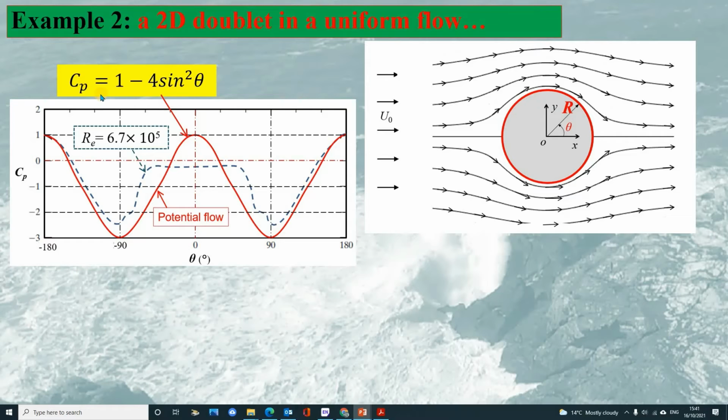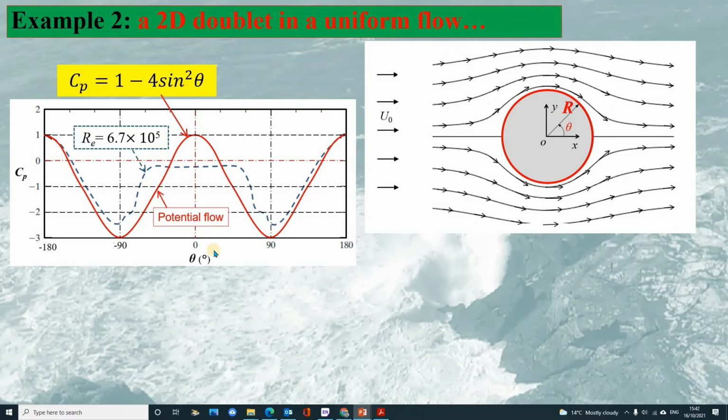Now if we draw the pressure coefficient, we have the red line here for the potential flow. And in the plot, we also plot the pressure coefficient for the real flow when the Reynolds number Re equals 6.7 times 10 to the power of 5.